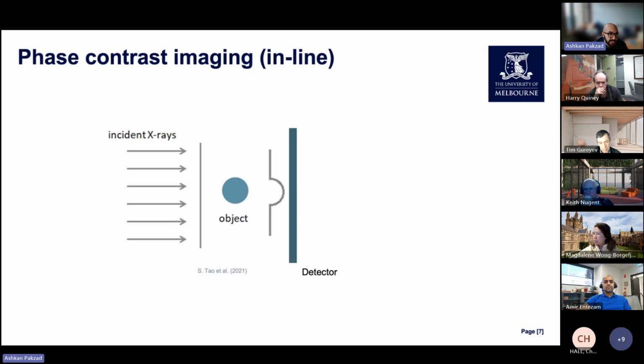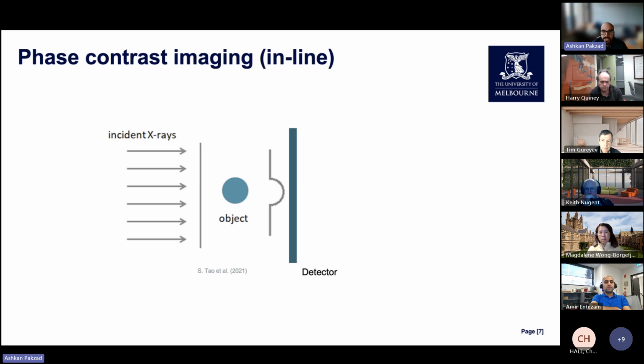So typically in absorption-based imaging, let's say, more conventional imaging, we place the detector right behind the object of interest and measure photons that are recorded on the detector, and we form an image based on the X-ray absorption of that object.